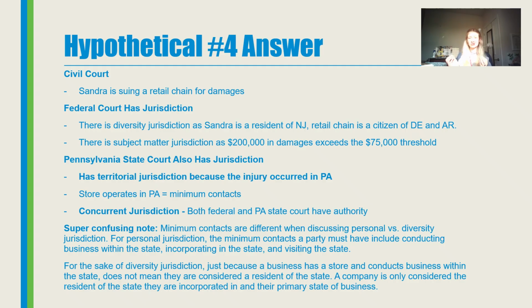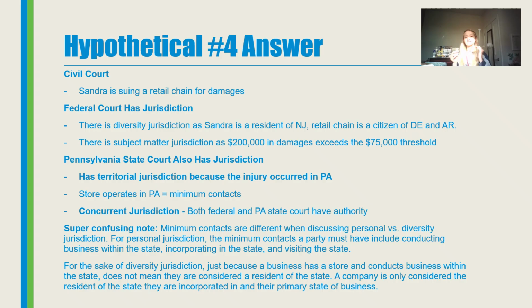This confused me for a second. I thought I was going crazy because in federal court, when it is a question of diversity jurisdiction, we consider the retail chain to be a citizen of Delaware and Arkansas because those are where the business is incorporated and where the primary place of business is.